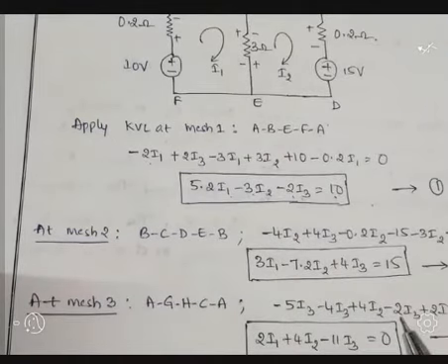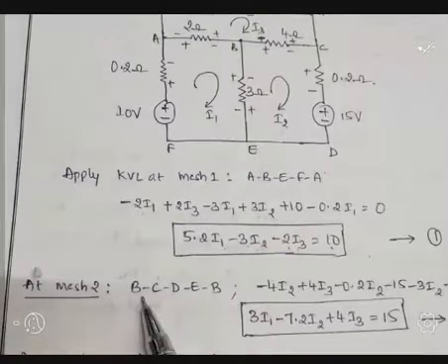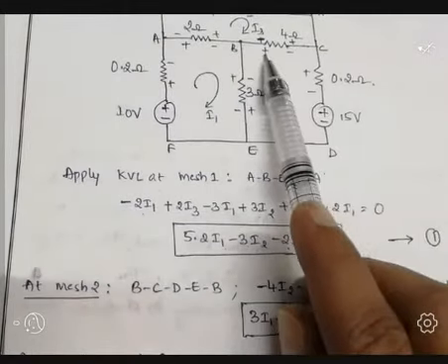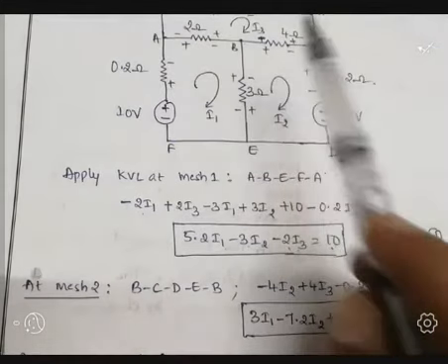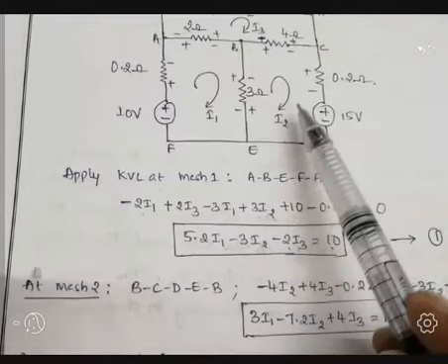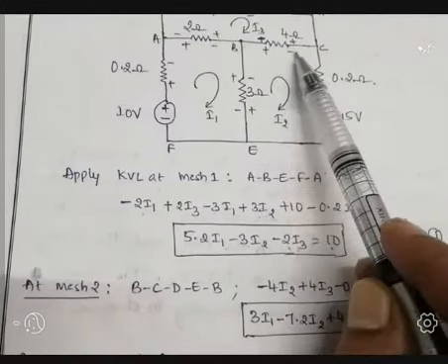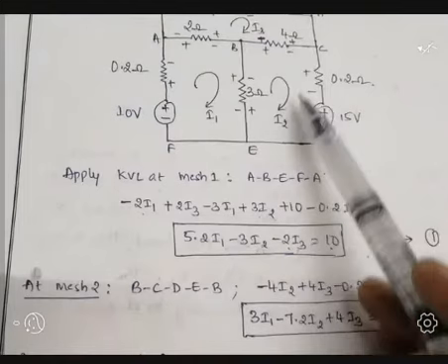Similarly, apply KVL to the second loop, that is B, C, D, E, B. For the first branch, I represented polarity plus minus. In this branch, two currents are flowing, I2 as well as I3. First I will take I2, the head of the arrow mark of current I2 is pointing to minus, so it becomes minus 4I2.